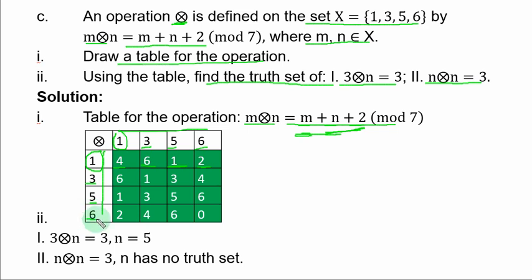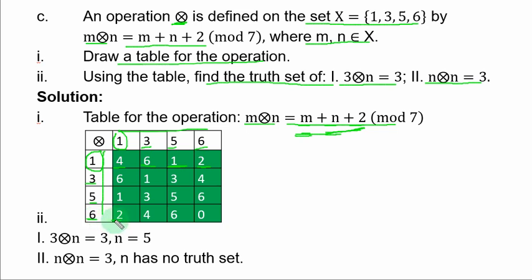Now let's try 6. If you try 6, when m is 6 and n is 1, you have 6 plus 1, that is 7. 7 plus 2 is 9. Divide 9 by 7, you have 1 remainder 2. You record 2.